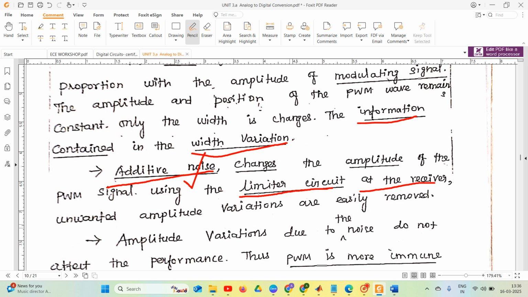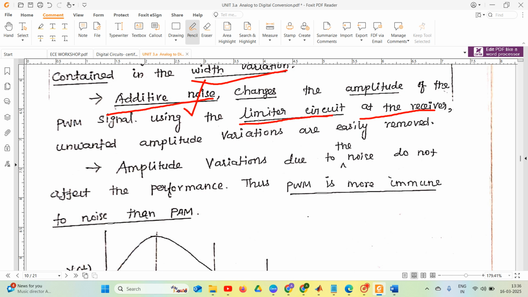In the PAM signal, because of noise, the amplitude varies.